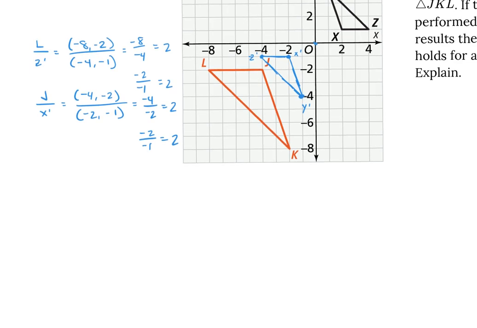So I know I have a dilation by 2 and a rotation of 180 degrees around my origin. So to write that out, I have a dilation of 2 and a rotation of 180 degrees about the origin, and that's going to map our triangle XYZ onto triangle JKL.